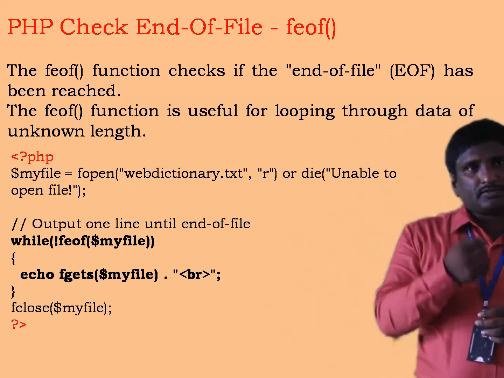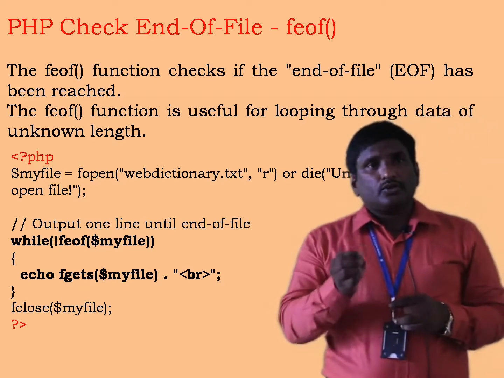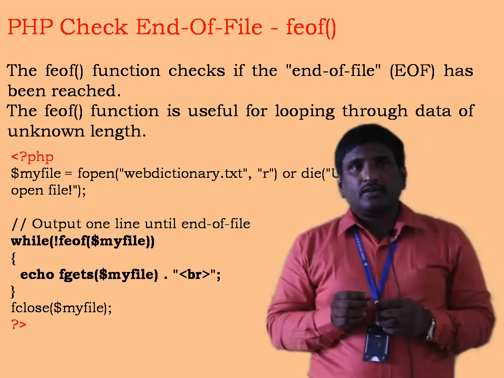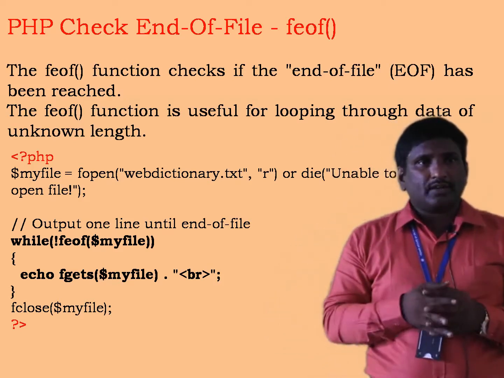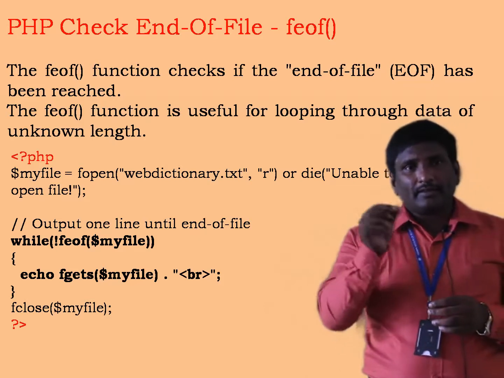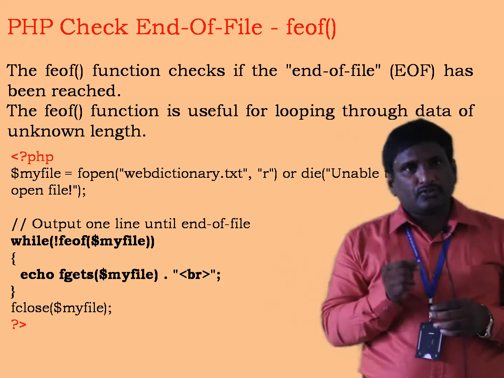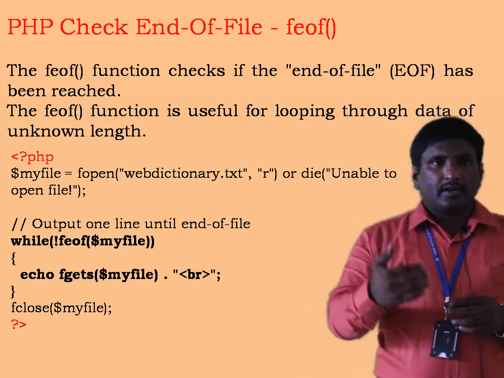For that, first of all, this is the example. First I need to open the file. So fopen webdictionary.txt, same as the usual code I have written earlier. Here we check whether the pointer is at the end of the file or not. If it is not, we print the line.